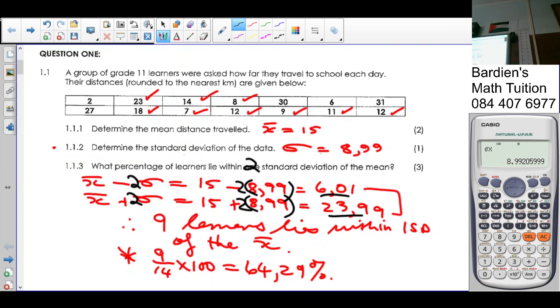values. Okay. If the question says what percentage of the learners lies above 1 standard deviation of the mean, we then count the values that lie above that value. Understand? What if they ask how many of the learners lie below 1 standard deviation of the mean?